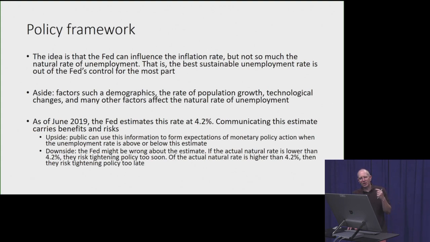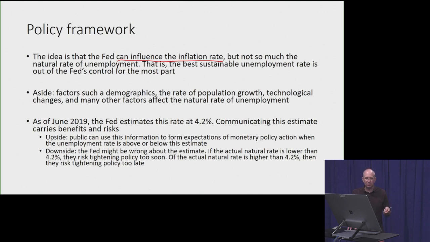So the point we want to get across here is that the Fed believes, hopefully rightly, that they can influence the inflation rate, but they don't, it turns out, specify an unemployment or a GDP growth goal. And the reason there is that unemployment and GDP growth, or the sustainable unemployment rate, are kind of outside of the Fed's control.